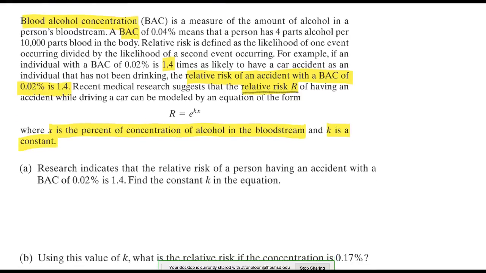Part A. Research indicates that the relative risk of a person having an accident with a BAC of 0.02 is 1.4. Find the constant K. So let's go back to your equation, okay? Remember, R is the relative risk.